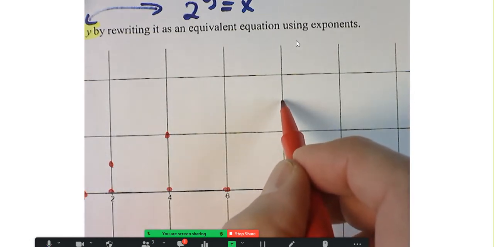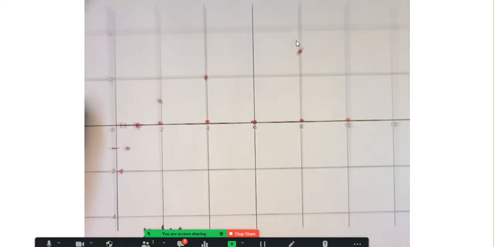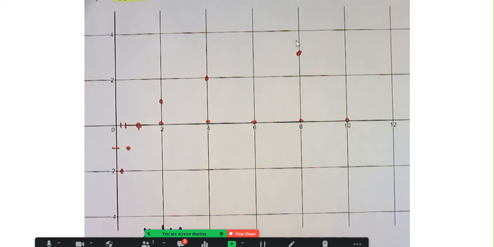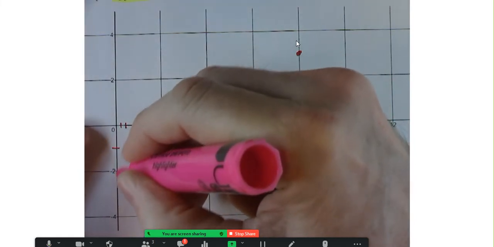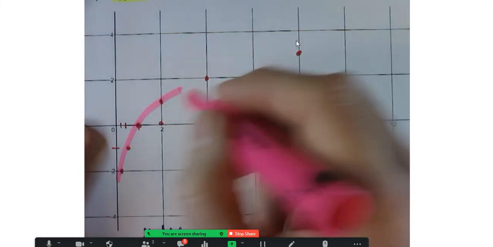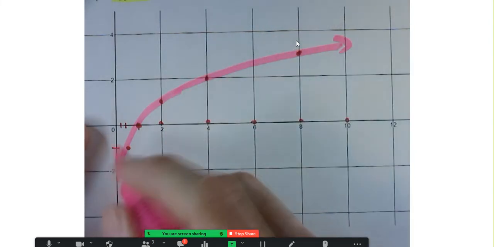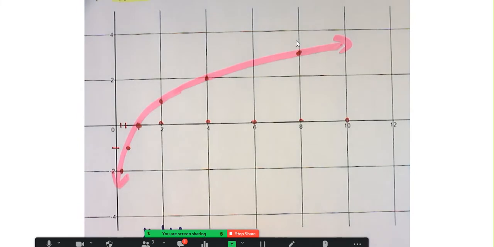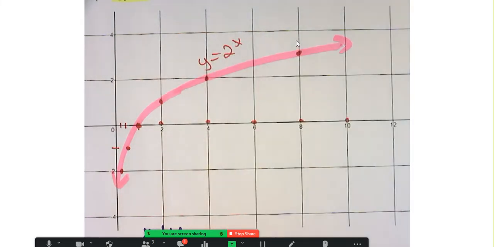That'd be out here. So yay. Let's look at all those. And let me try and play a college-educated version of connect the dots. So it looks something like this. And there's your graph of y equals 2 to the x.